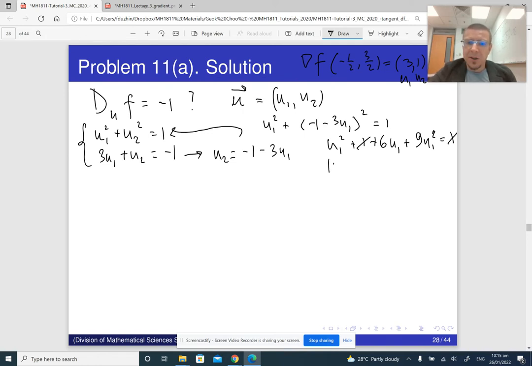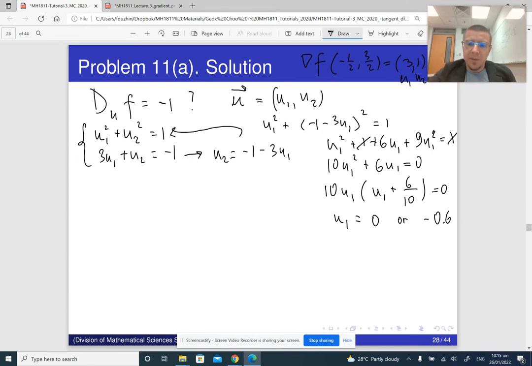So what I get is just 10u1 squared plus 6u1 is 0. And then I can take out 10u1, and here I will have u1 plus 6 over 10 is 0. Right, so there are two answers. u1 can be either 0 or minus 6 over 10, which is 0.6.